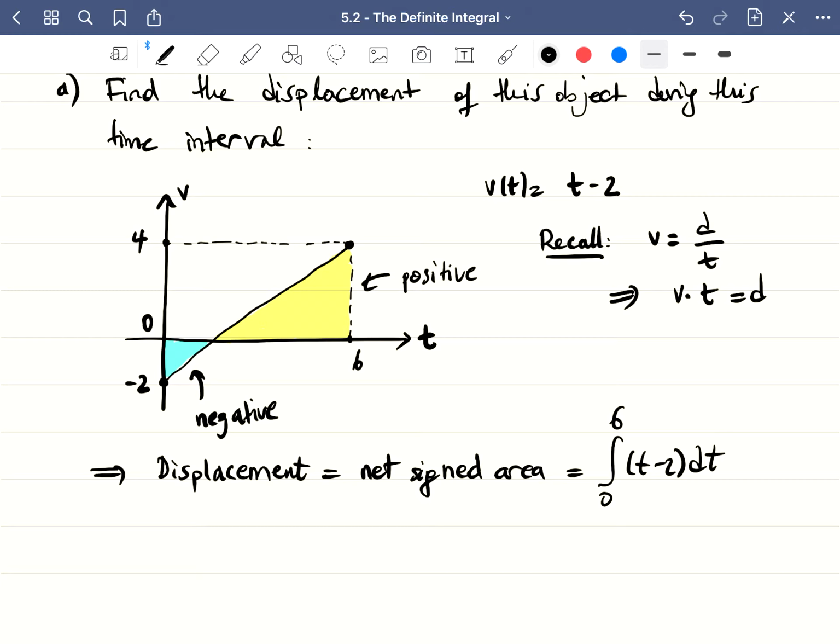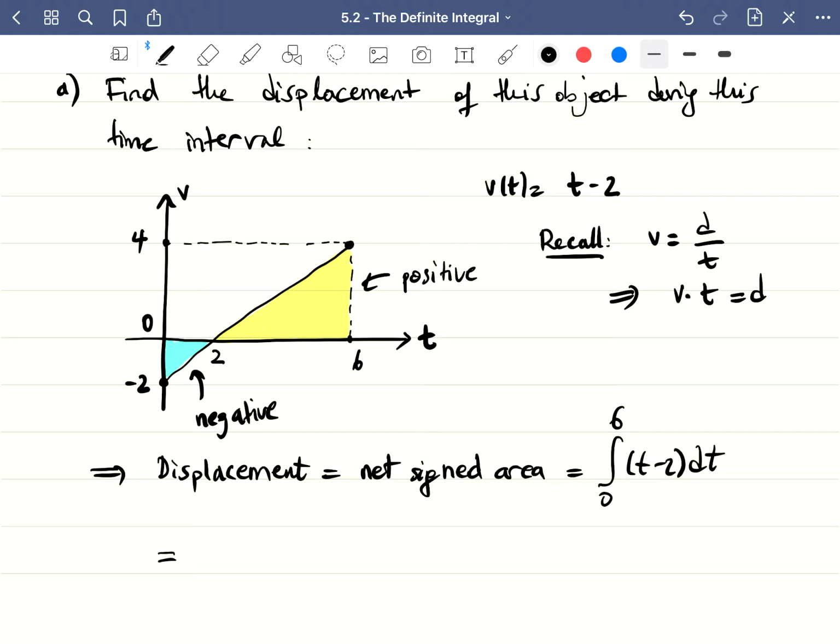Okay, so this is equal to the following. So you have first this blue area here. So this here is the point when v is 0. Okay, so basically t is going to be 2 there. So this is 2.